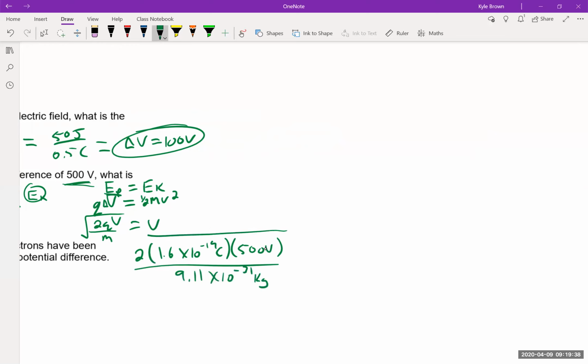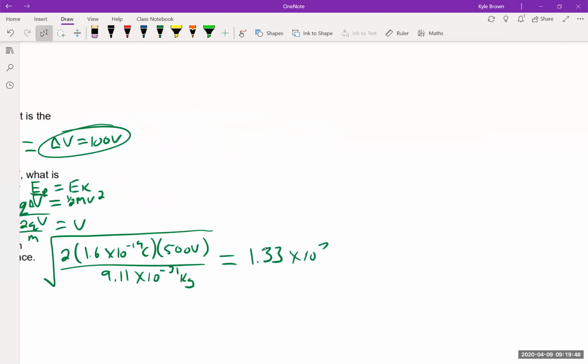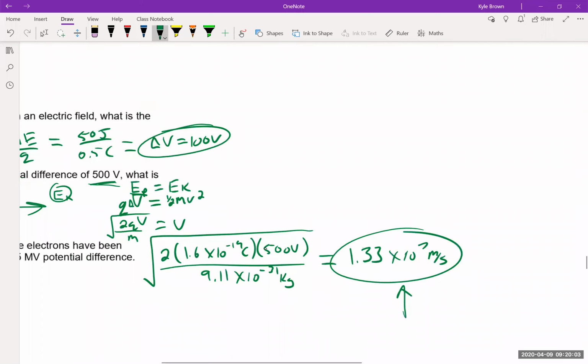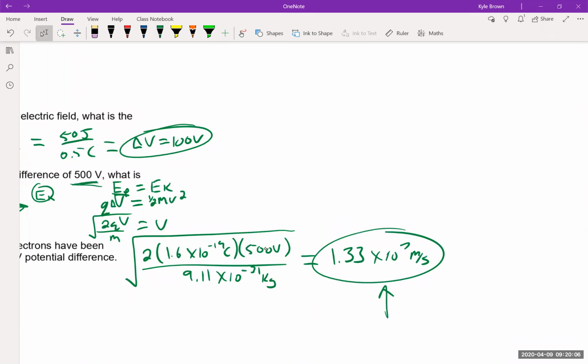Then take the square root of all of that, and we get 1.33 times 10 to the 7 meters per second. So extremely fast, right? If you think about that, it's quite impressive. The speed of light is 3 times 10 to the 8, and this is 1.33 times 10 to the 7. So we're getting to be a fraction of the speed of light when you're going that fast.